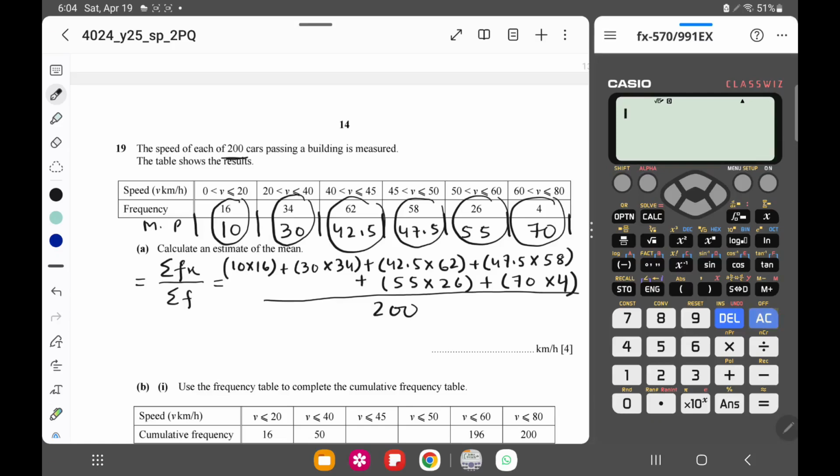Let's calculate. 10 into 16 plus 30 into 34 plus 42.5 into 62 plus 47.5 into 58, then plus 55 into 26, then 70 into 4.